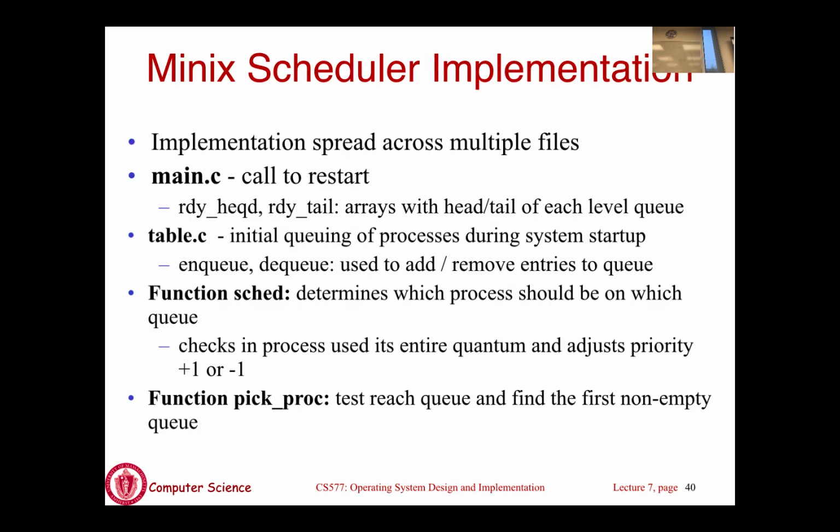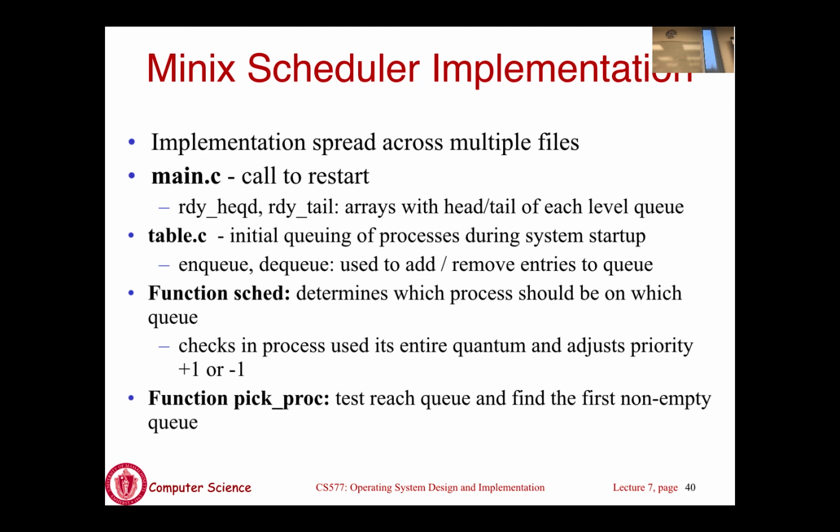Now, as far as the scheduler is concerned, the implementation according to me at least is not as clean as one would like. It is spread across multiple files and multiple components. It is not hard to understand, but they did not have a schedule.c which had everything you needed to know about the scheduler.